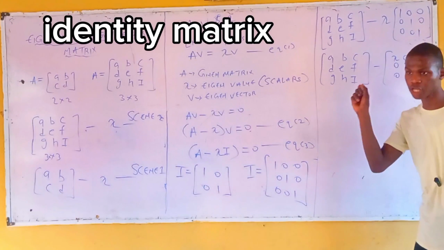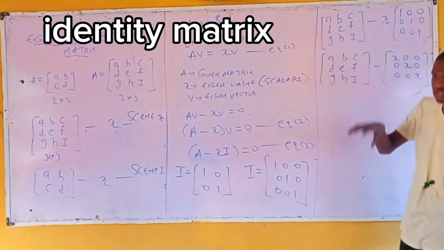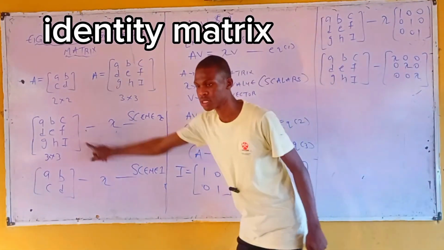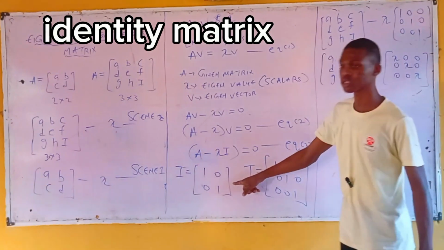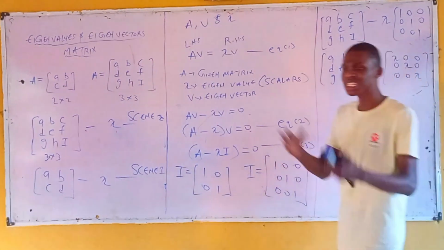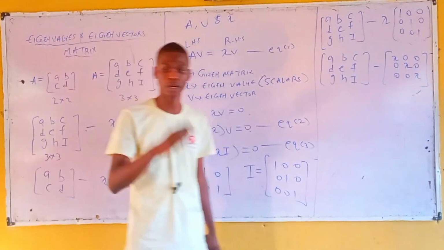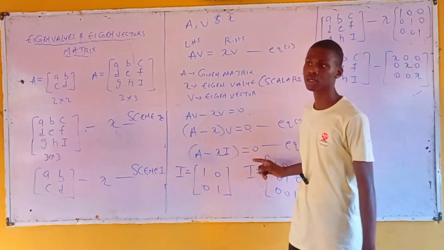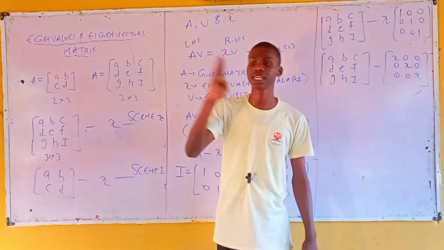Then your eigenvalue, which is represented as lambda, multiplied by the unit vector of that matrix. If it is a 3 by 3 matrix, this becomes the unit vector. If it is a 2 by 2 matrix, this becomes the what? Unit vector. And that's the idea. So this is equation 3. So whenever you are given a question under eigenvalue and eigenvector, we call your equation 3. Are we clear? So that's the concept behind eigenvalue and eigenvector.